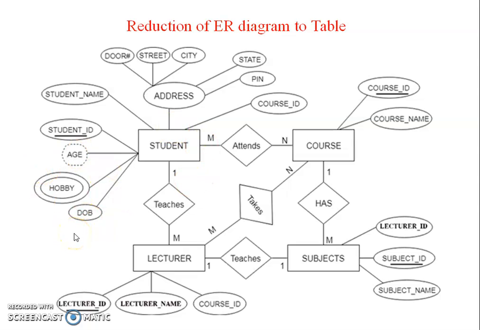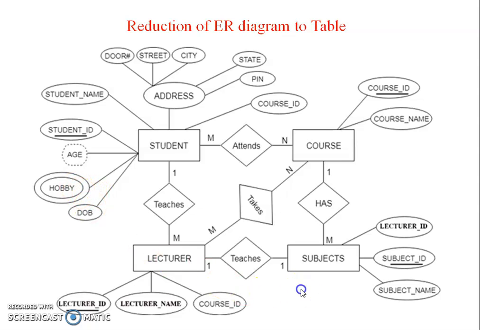Now the next one is a multi-valued attribute is represented by a separate table. In the student table, hobby is a multi-valued attribute. So it is not possible to represent multiple values in a single column of the student table.